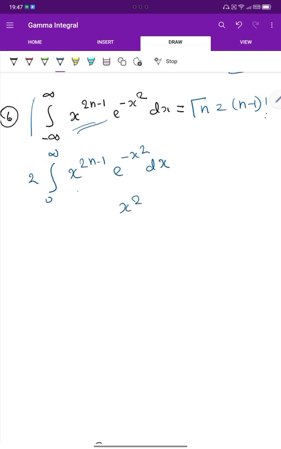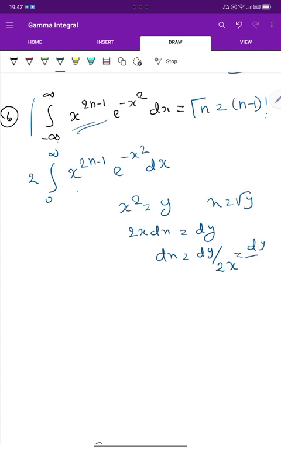Let's substitute x squared equal to y, and 2x dx is equal to dy, and dx is equal to dy by 2 times x, but x is equal to square root of y. This is equal to dy by 2 times root y.